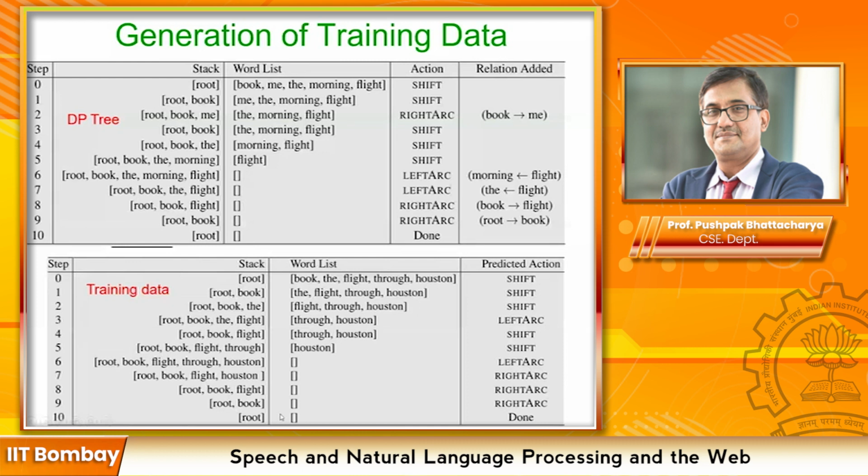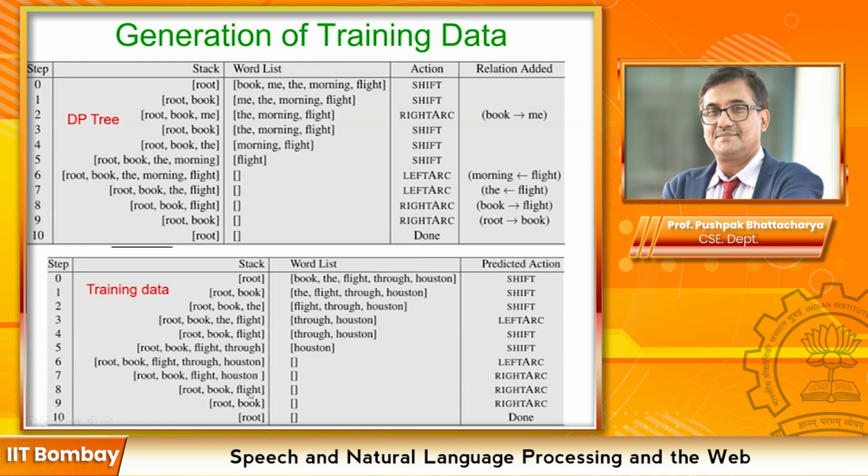Flight and Houston, I learn a right arc because flight and Houston have a dependency, and Houston is to the right of flight. So I learn to produce right arc, and flight goes out of the stack.